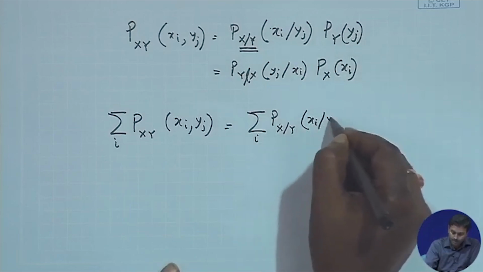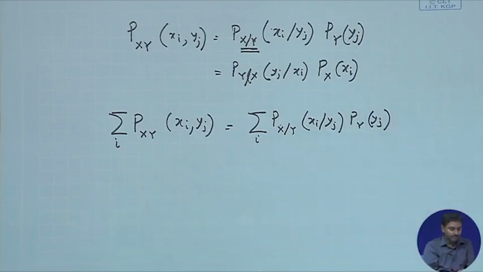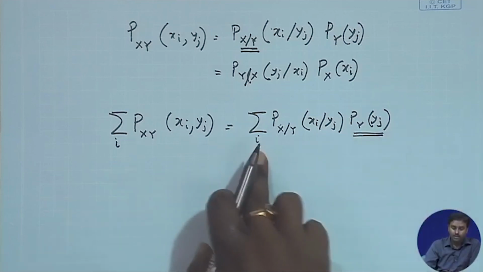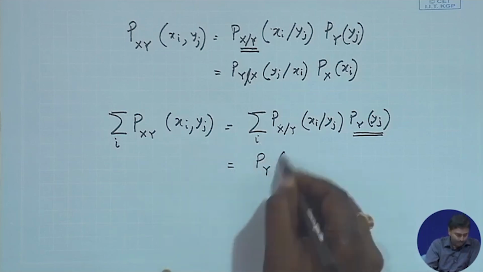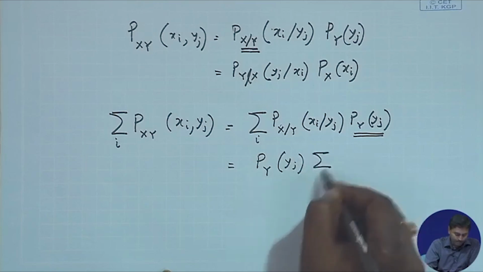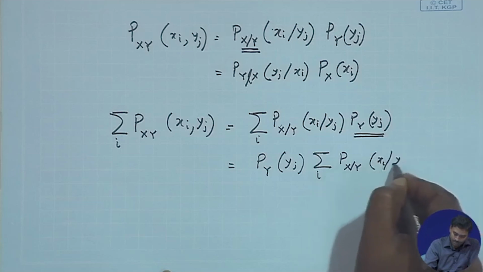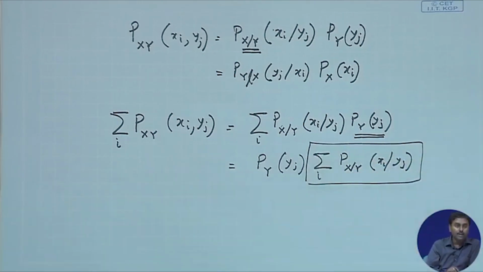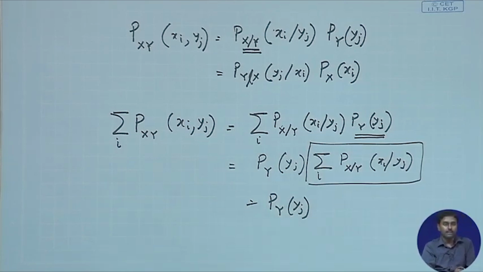So, P(x_i given y_j) P_y(y_j), I can write it this way. Okay. Now, this particular part does not depend on i, so I can take that out. So, I can take this P_y(y_j) out, summation over i of P(x_i given y_j). Right. Now, this we have already proven should be 1, we have just now proven that. Okay. So, if this is 1, this must be P_y(y_j), that is a fantastic thing.